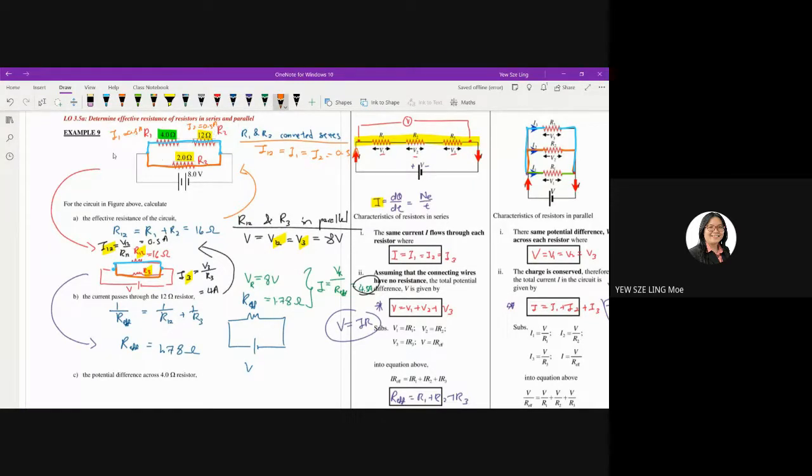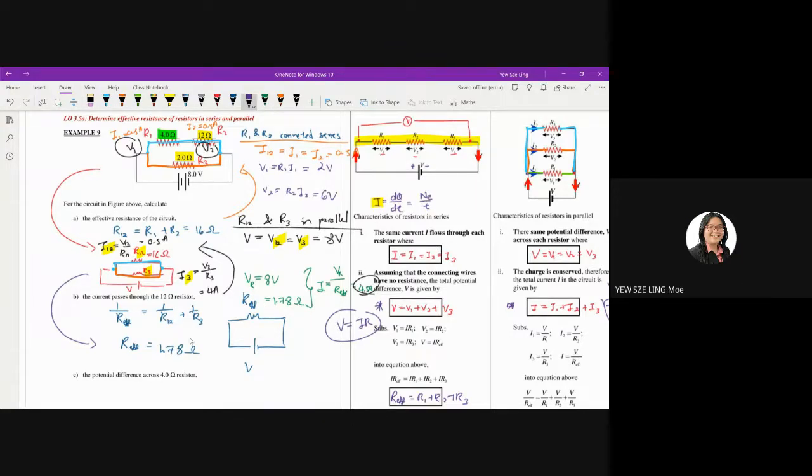You can then calculate V1 and V2 by using I1 R1 and I2 R2. So V1 equals R1 I1 and V2 equals R2 I2. This one is equal to 2 volt, and this is equal to 6 volt.